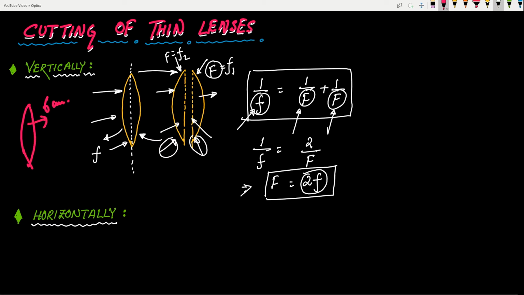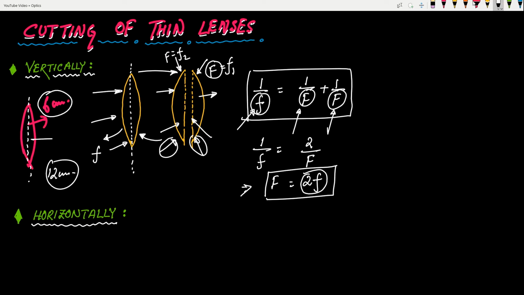What will happen if I cut this lens into two equal halves vertically? What will be the focal length of the individual lens? It will be double the original lens, that is, 12 centimeter. So this lens will have 12 centimeter and this will also have 12 centimeter. Double. I hope the concept is clear.